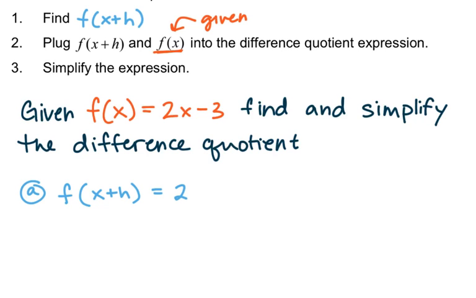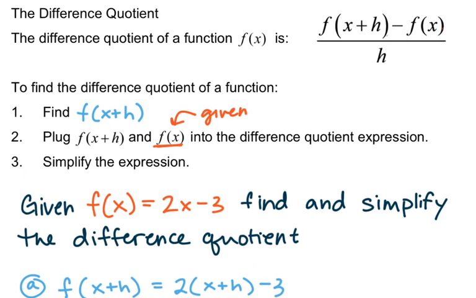And what that looks like is 2 times, instead of x, we now have x plus h, making sure you use your parentheses, minus 3. Distributing, that's 2x plus 2h minus 3. The 2 does not distribute to that 3. So now we know what f of x plus h is.